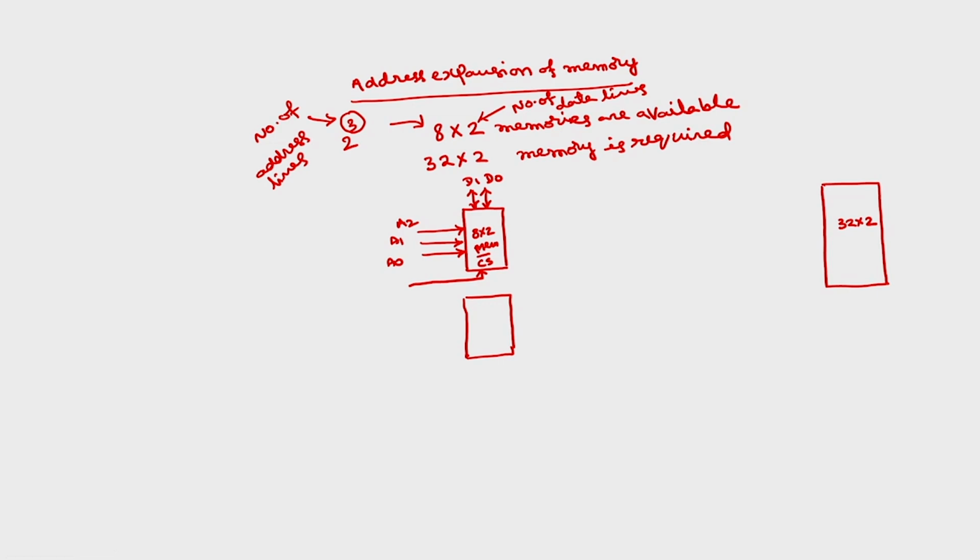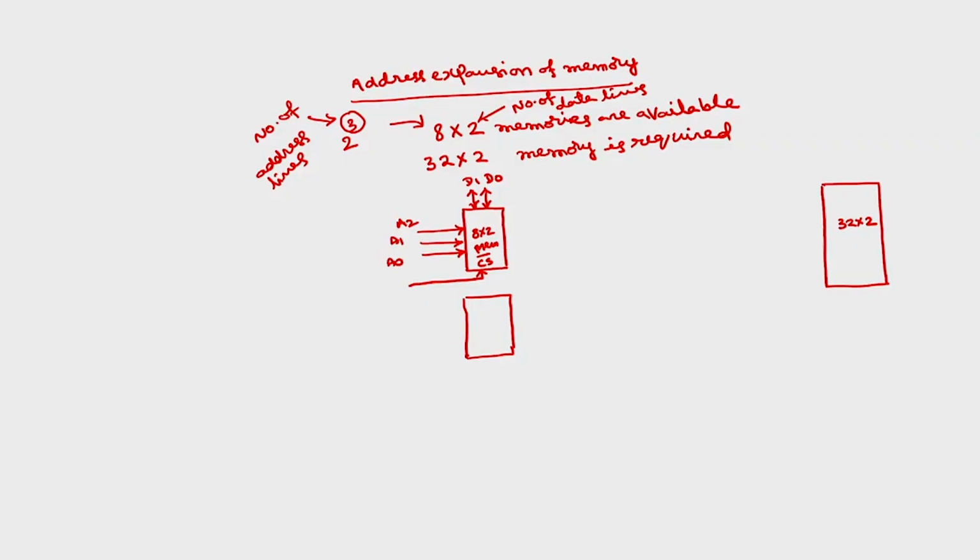In the previous examples we discussed the select as high, but normally this is an active low signal, because inside the decoder, instead of AND gates, we normally use NAND gates. If you use NAND gates, the select signal should be active low. The reason for using NAND gates is that they are universal gates. So, this will have a chip select signal, and read by write bar, depending upon whether this memory is read or write memory. I am not showing that. Okay, those read by write signals will be available.